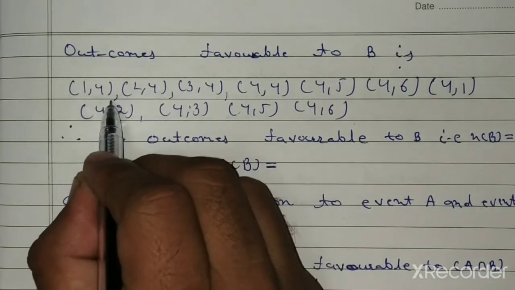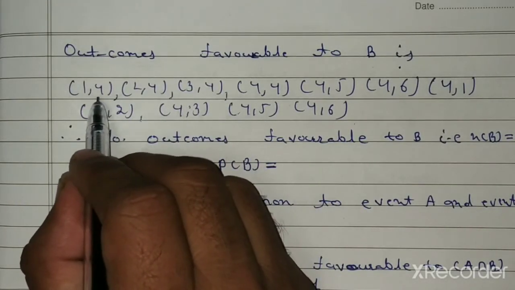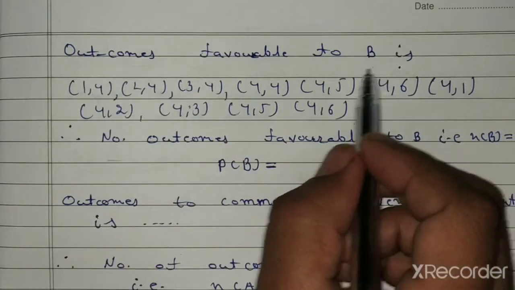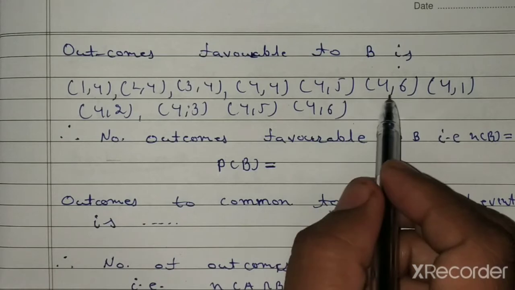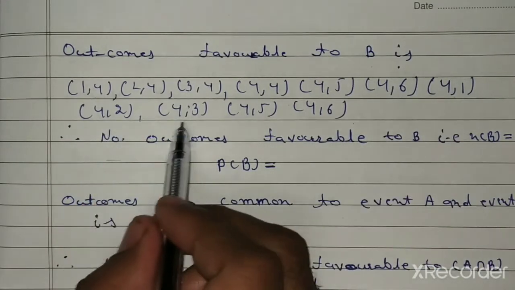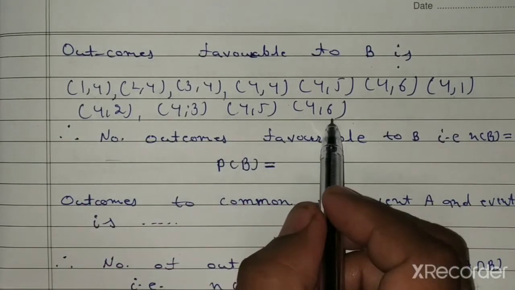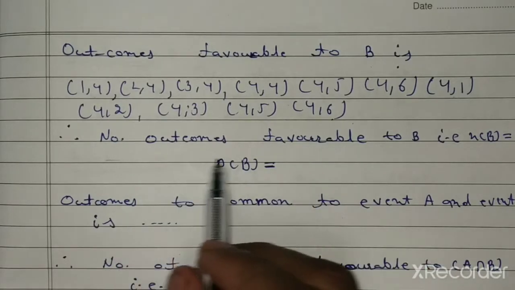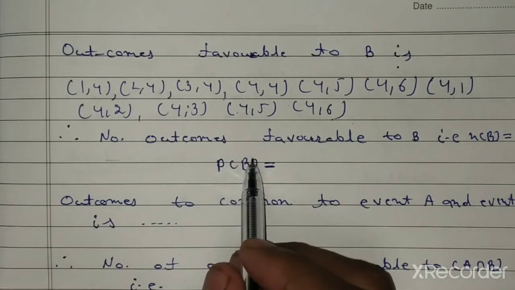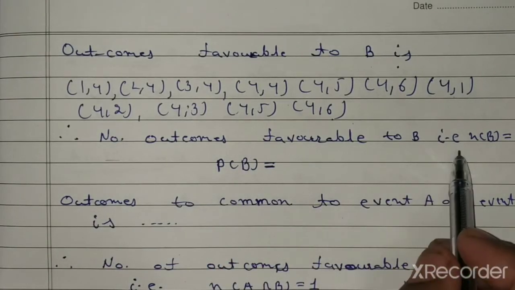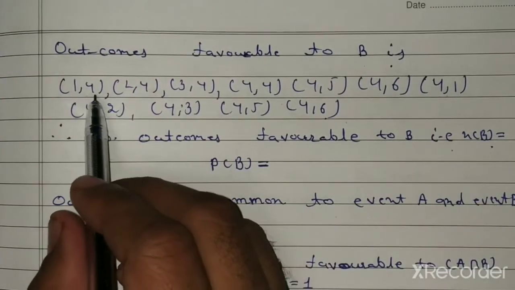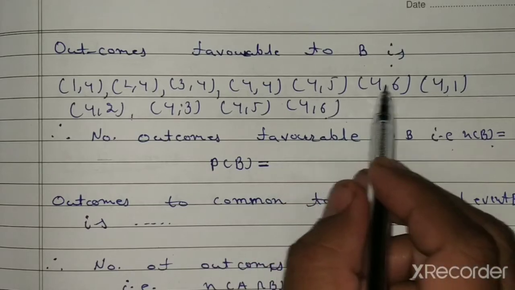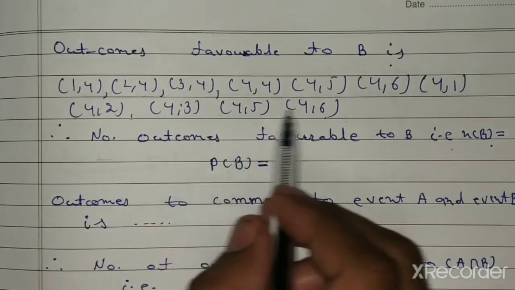So the outcomes favorable to B are 1 4, 2 4, 3 4, 4 4, 4 5, 4 6, 4 1, 4 2, 4 3, 4 5 and 4 6. The number of outcomes favorable to B, n(B), is 1, 2, 3, 4, 5, 6, 7, 8, 9, 10 and 11.